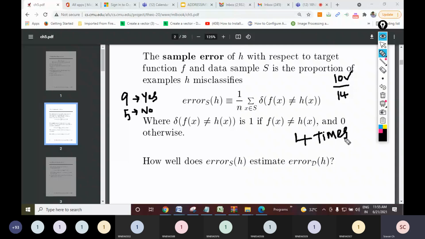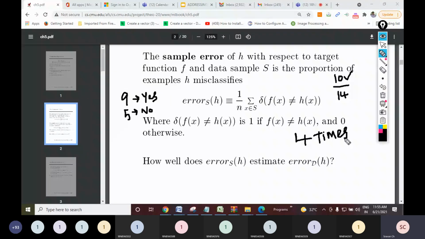That 4 is called sample error. So friends, sample error will always be a number. Keep this point in mind. It can't be a fraction. Sample error can't be 0.7, 0.8 like that. Remember this point.